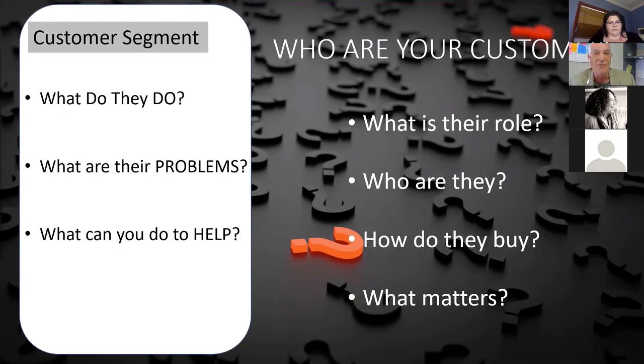In order to provide a marketing person with what they call an avatar or persona for your customer so that they can market to the right people, you need to know what their role is, who they are, how they buy, and what's important to them. So things like how old they are, what their gender is, what their personal details are, as much about that as you can, and that you put into your CRM system.